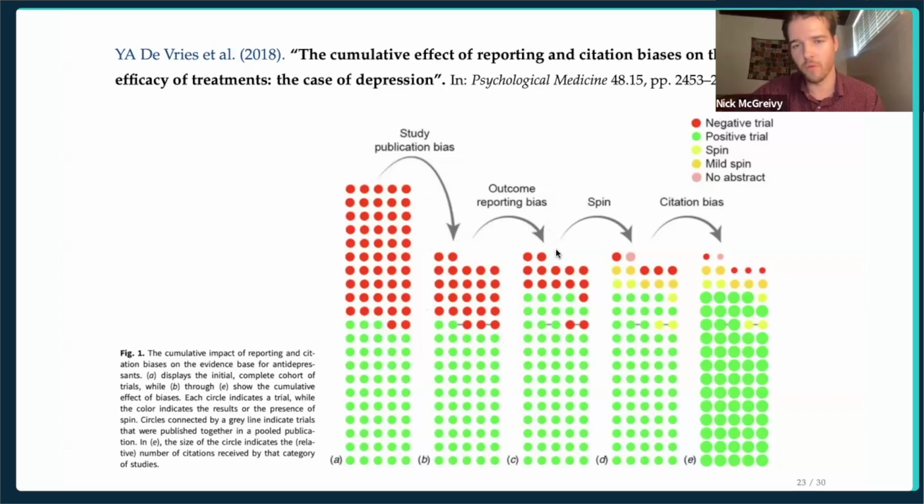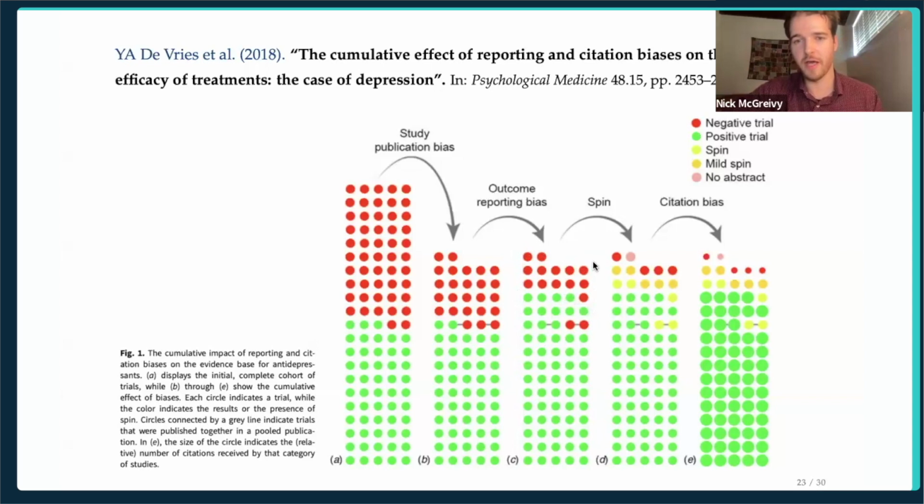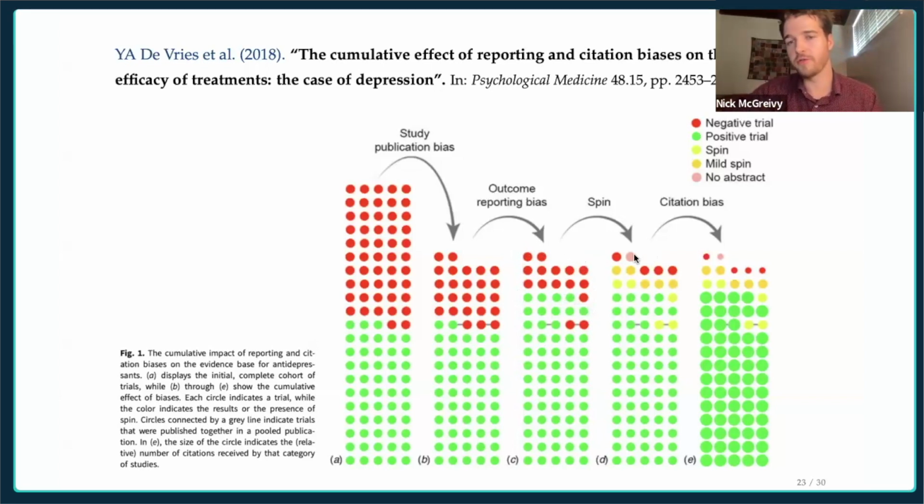They'll say for men, or for women, or for young people, it was statistically significant. So these are variations of p-hacking. And then of the results that still don't have statistical significance, half will do what's called spin, where they use positive language to discuss a result that was not statistically significant.